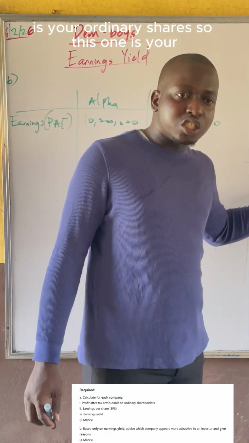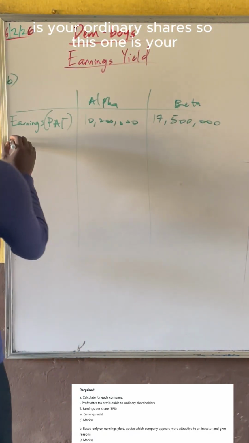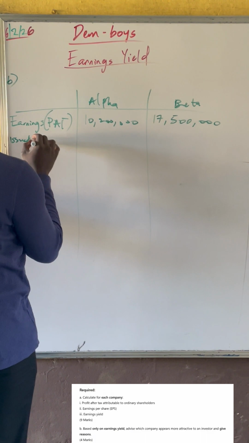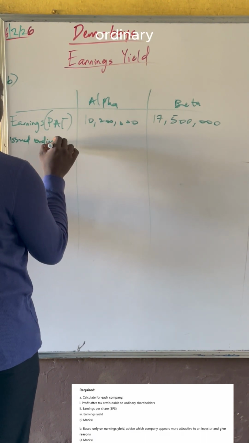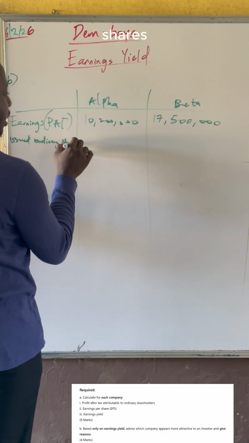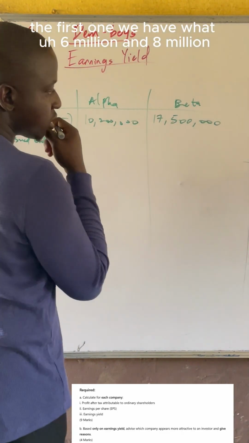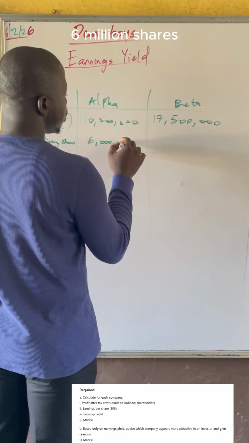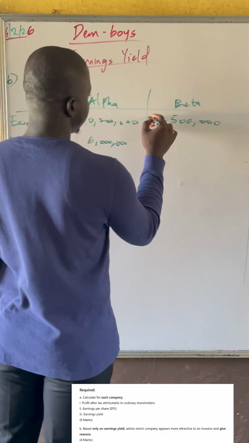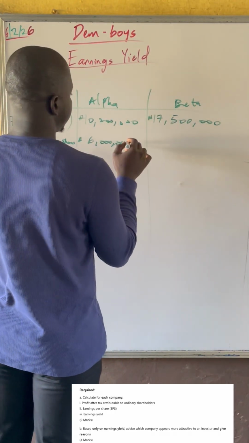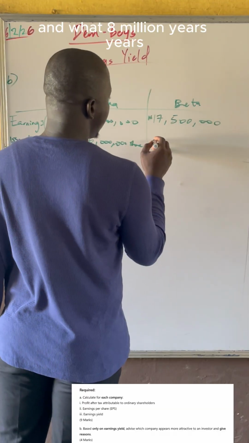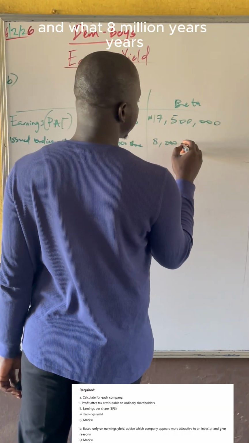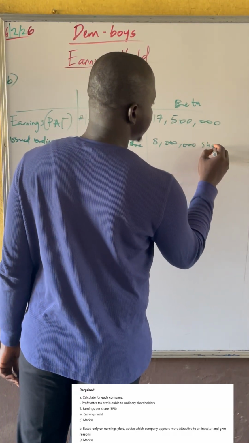So we have to divide it by issued ordinary shares. The first one we have 6 million shares, and the second, 8 million shares.